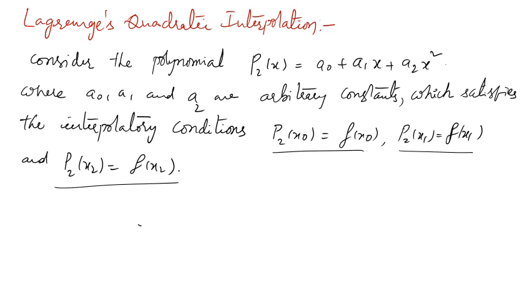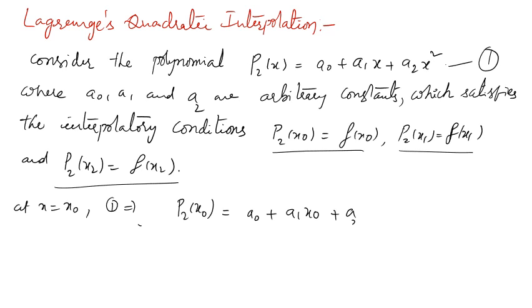Okay. Therefore, substitute. Take this as equation 1. At x equal to x0, equation 1 implies P2 of x0 equal to A0 plus A1 x0 plus A2 x0 square, and this is equal to f of x0.